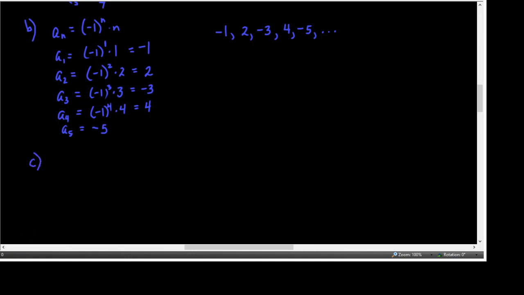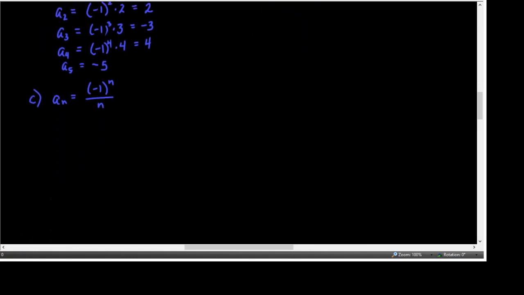Okay, C. This is a sub n is equal to -1 to the nth divided by n. Okay, so a sub 1 is -1 to the first divided by 1, which is -1.